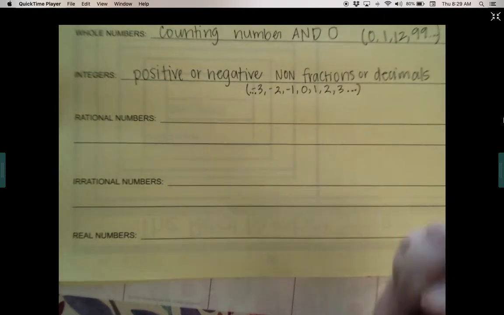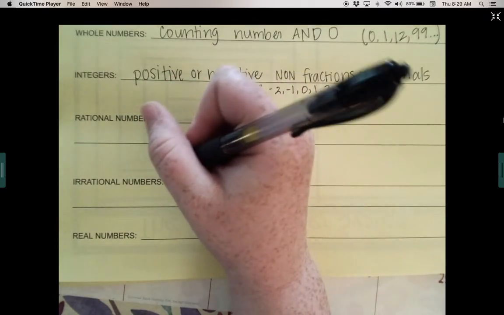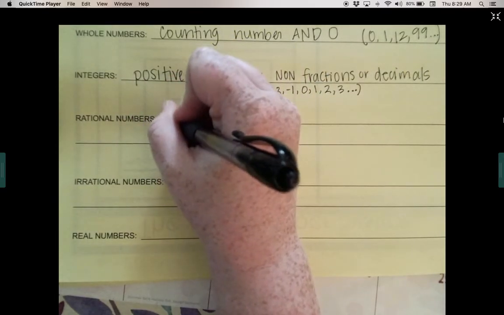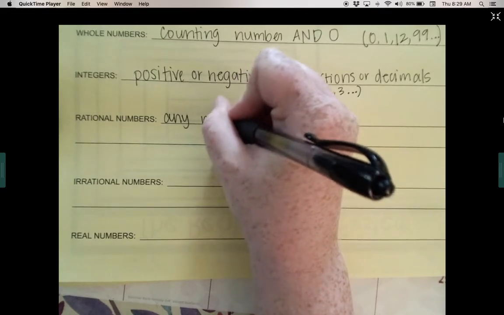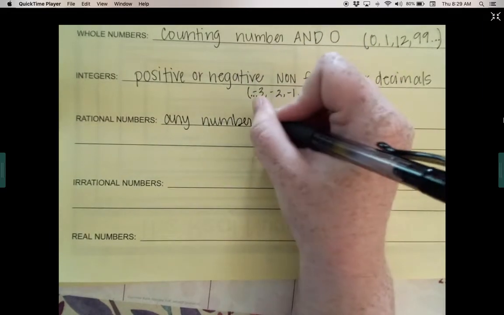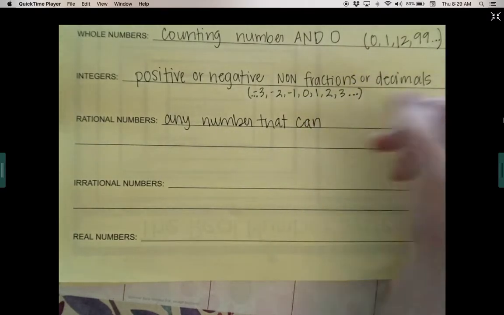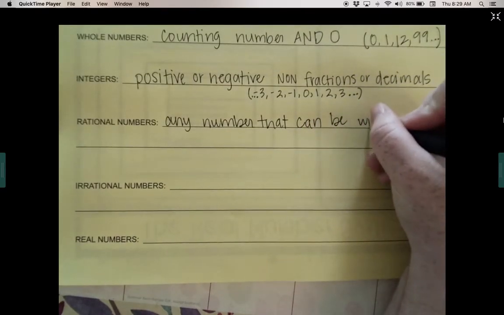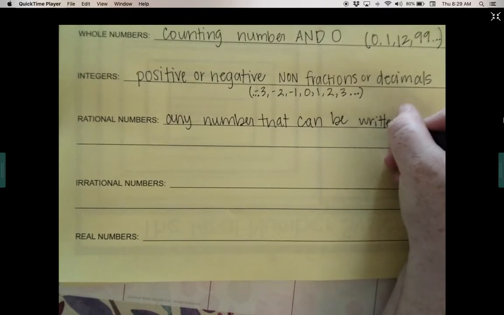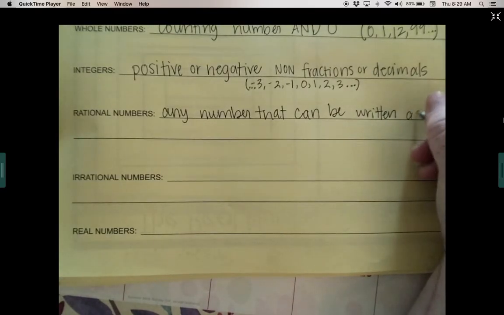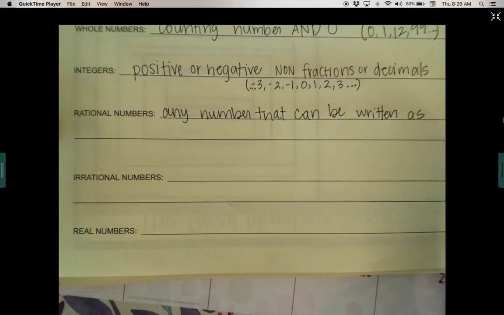Okay, a rational number is any number that can be written as a fraction.